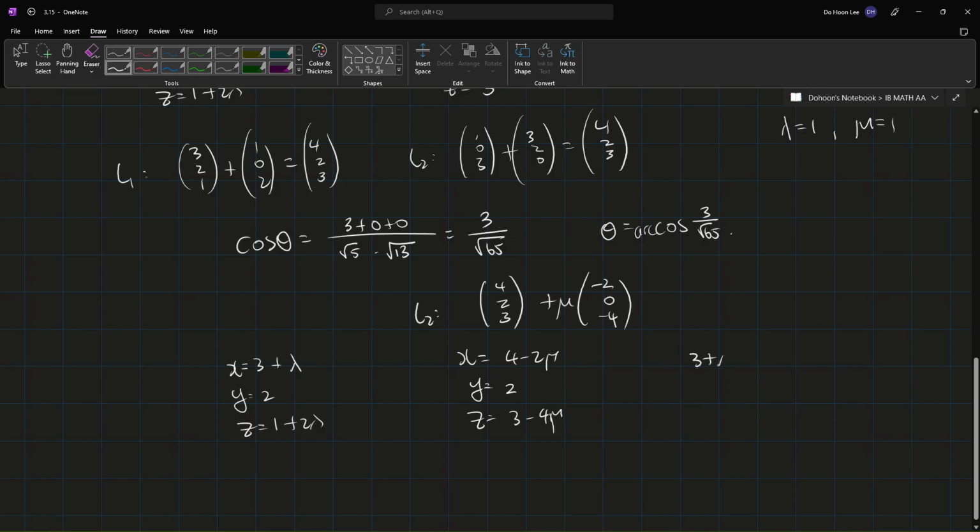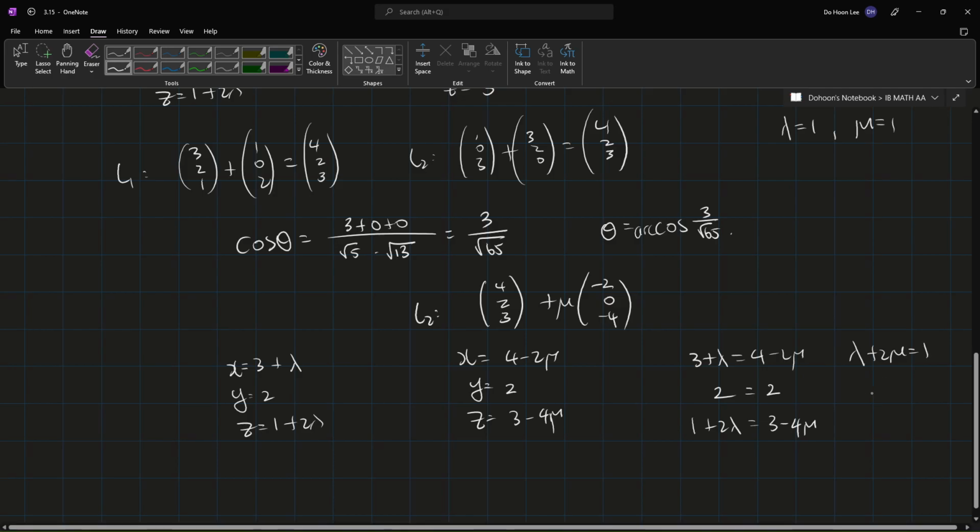So 3 plus lambda equals 4 minus 2 mu, 2 equals 2, 1 plus 2 lambda equals 3 minus 4 mu. And let's do the same thing, put everything on the left-hand side: lambda plus 2 mu equals 1, 2 equals 2, it's trivial, so I'm not going to write that, and 2 lambda plus 4 mu equals 2.